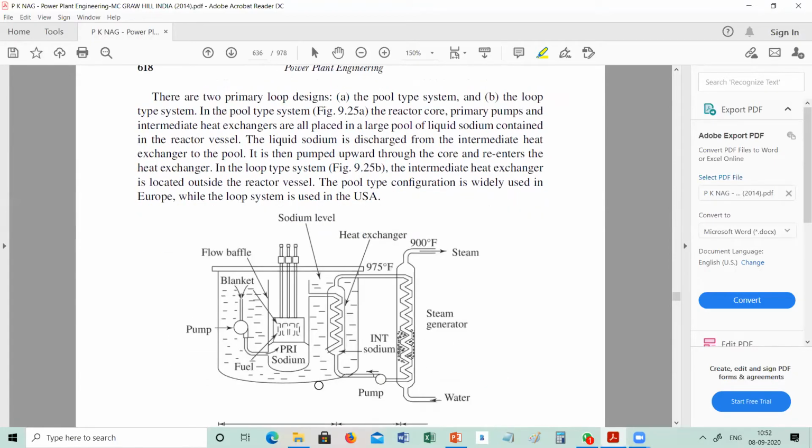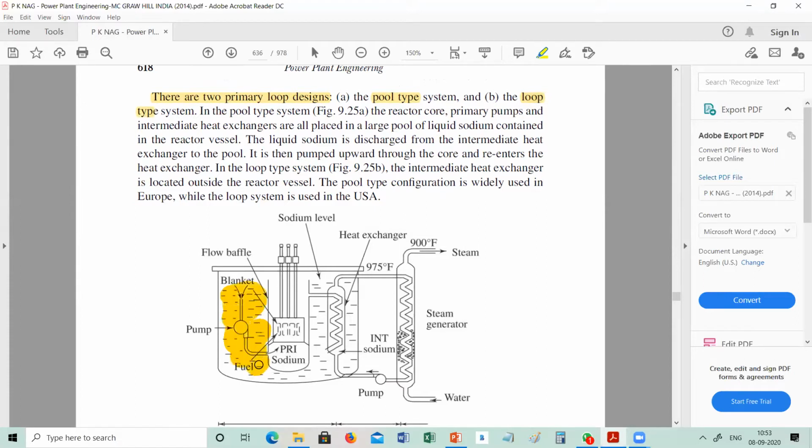Again, there are two types of reactor designs: one is the pool type and the second is the loop type. In the pool type, the reactor is filled with sodium.